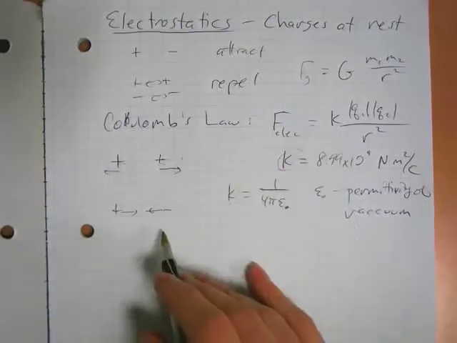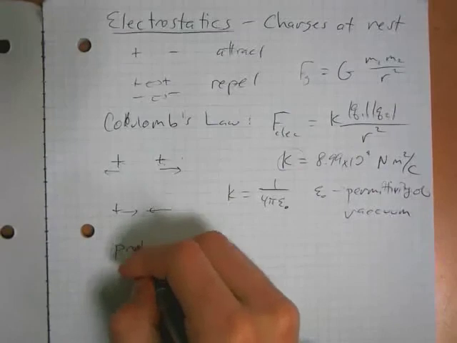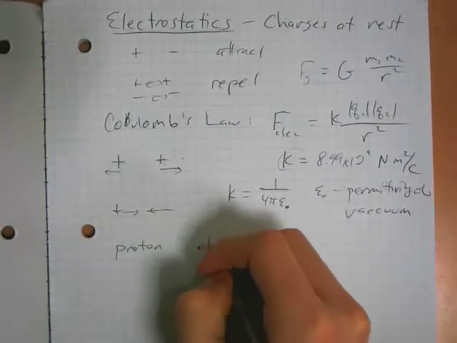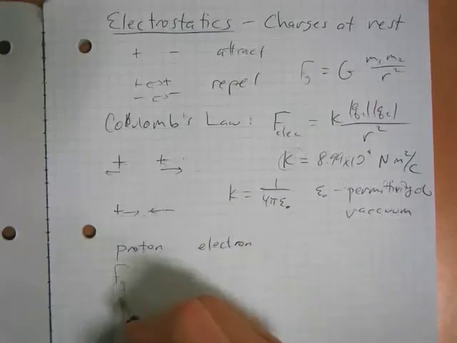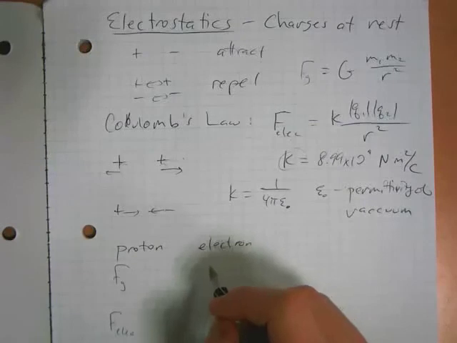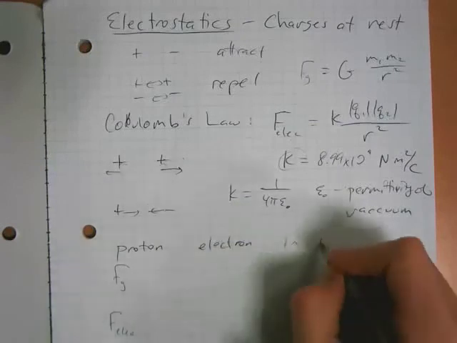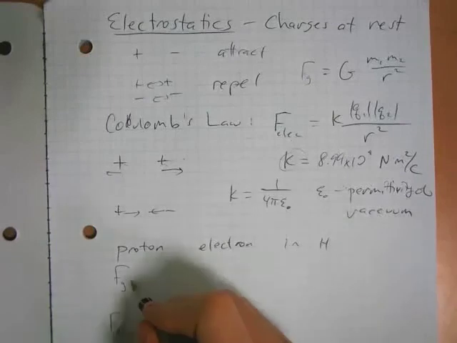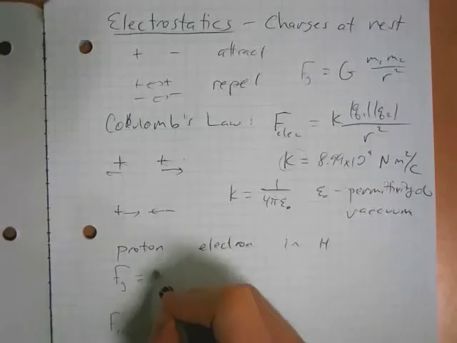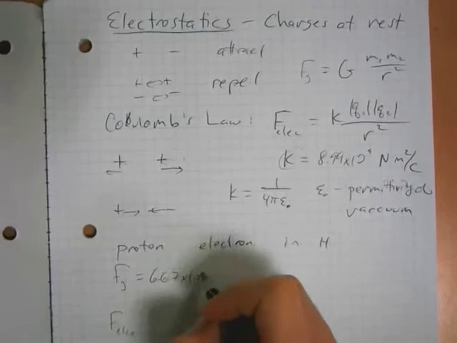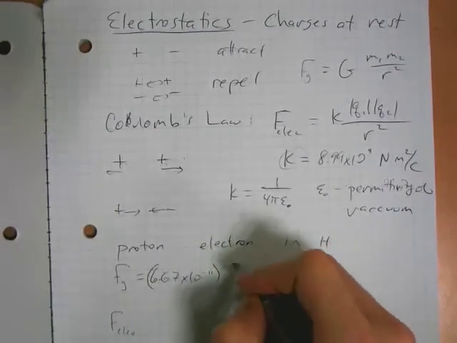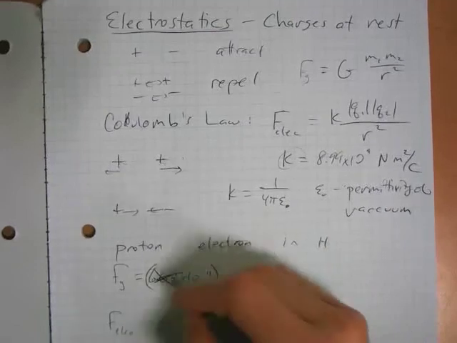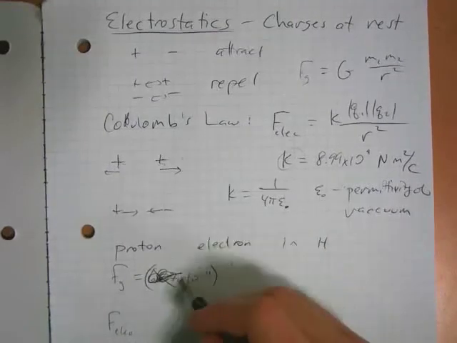Let's look at a proton and electron. Let's consider the gravitational force and the electric force between a proton and an electron in the hydrogen atom. Gravitational force, of course, is G, which is 6.67 times 10 to the minus 11th, times the mass of the proton. And I'm just going to look at this as an order of magnitude estimation.